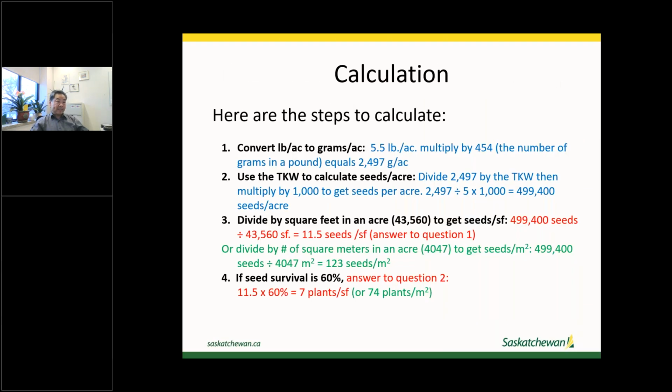Step number 4, if the seed survival rate is 60%, normally the flax seed survival rate is really low, the answer to your question number 2 will be 11.5 times 0.6. You could basically achieve 7 plants per square foot, which is equivalent to 74 plants per square meter.